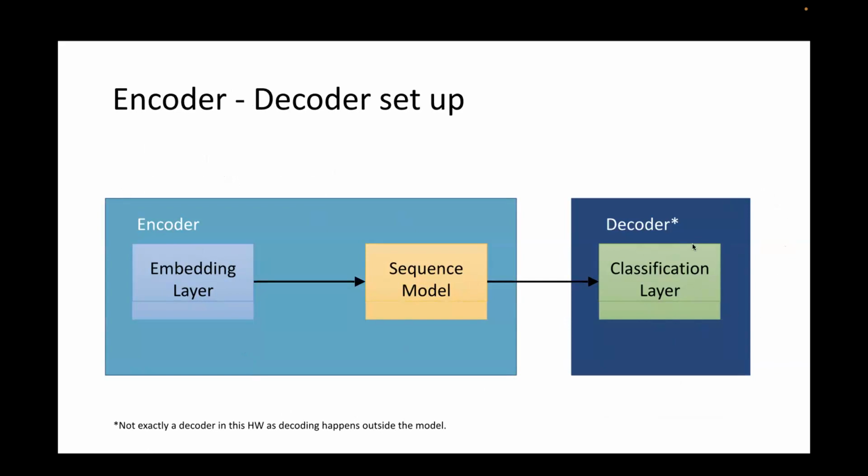In this homework, decoder is basically just a simple classification layer, and it's not exactly a decoder in the sense where everything is in a single block, as you will see in the next homework. So for now, the encoder layer will be the embedding and the sequence model, where sequence models could include anything such as RNNs, LSTM, and bi-LSTMs. And decoder would again just be a simple classification layer.